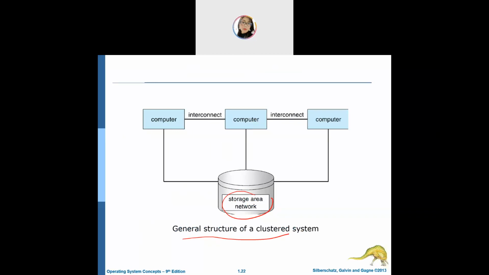In terms of SAN, storage area network, it directly connects to the computer. It's not going to connect to any access point, router, or hub, etc. But storage area network, you can see it's directly to the computer.